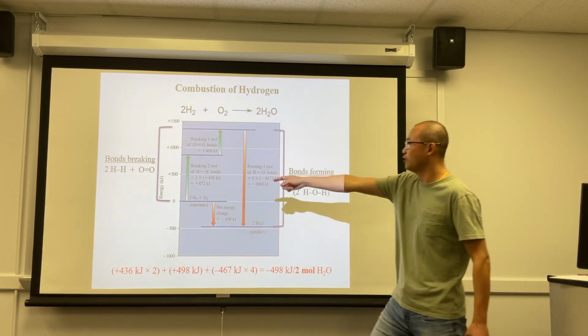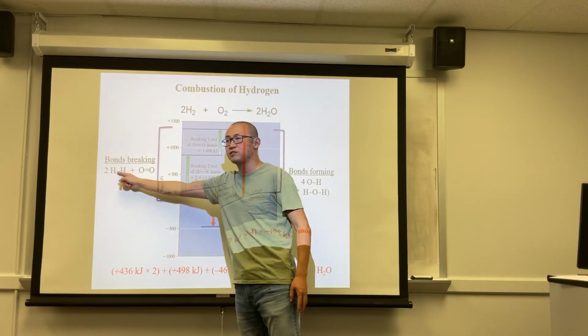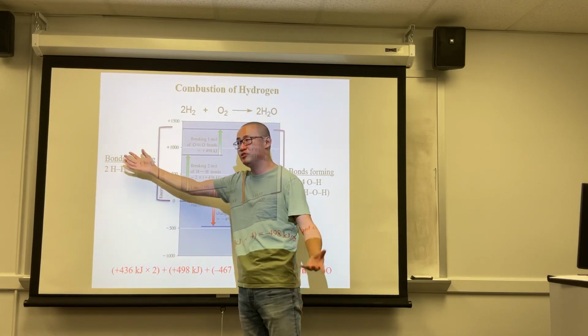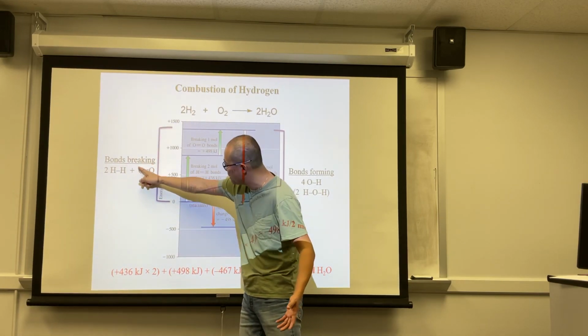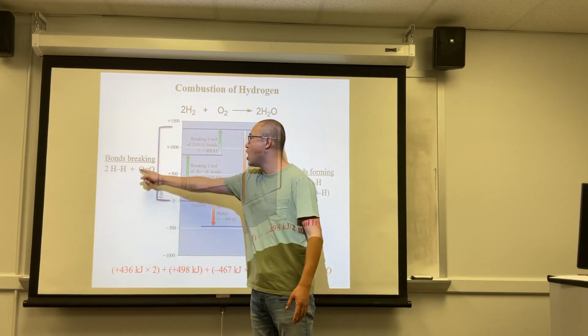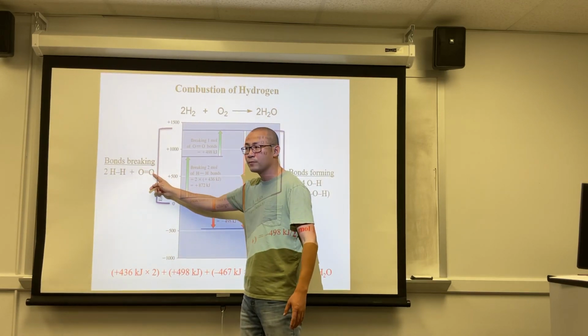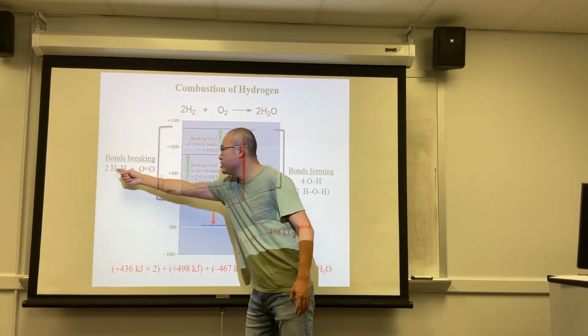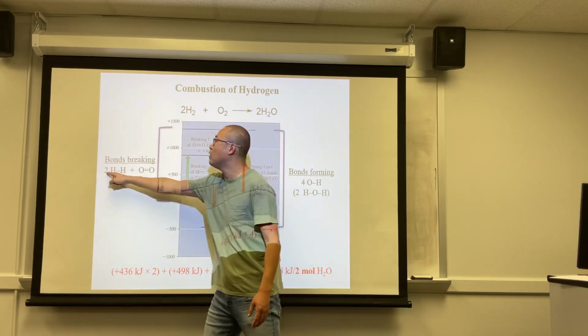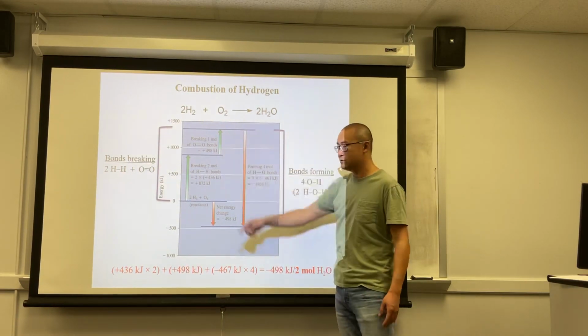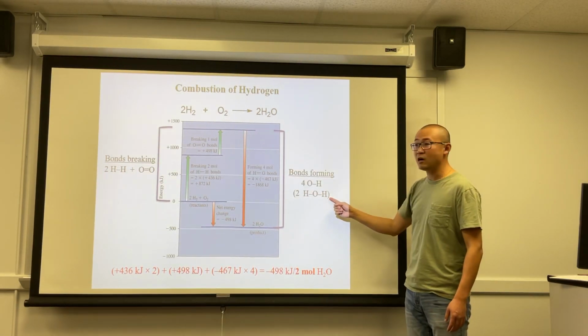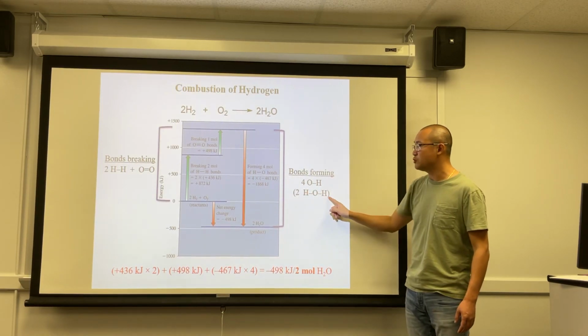So first, take a look at the Lewis structure. Hydrogen, this is the Lewis structure. We didn't put the electrons yet. Hydrogen doesn't have lone pairs, but oxygen should have electrons here, though we didn't show that. Oxygen is O=O, a double bond. Hydrogen is H-H, a single bond. Of course, there are two hydrogens, balanced. In the Lewis structure of water, oxygen is bonded to what?